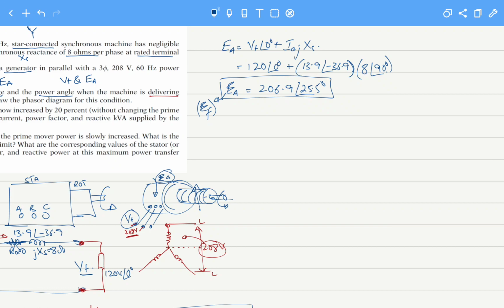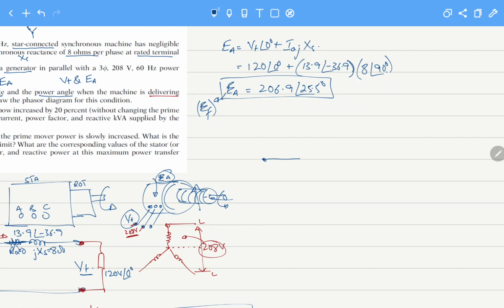Power angle is the angle between the voltages. Here we can see that its value is positive. It is the angle between EA and VT. Let's draw the phasor; it will make it clearer.